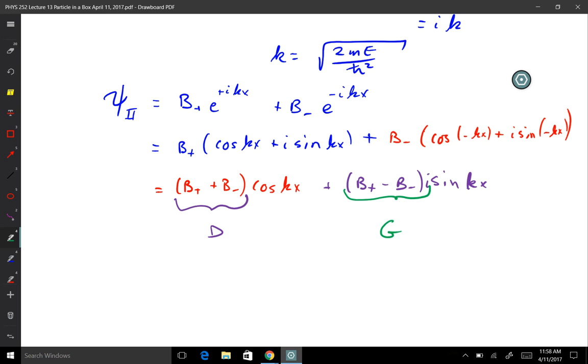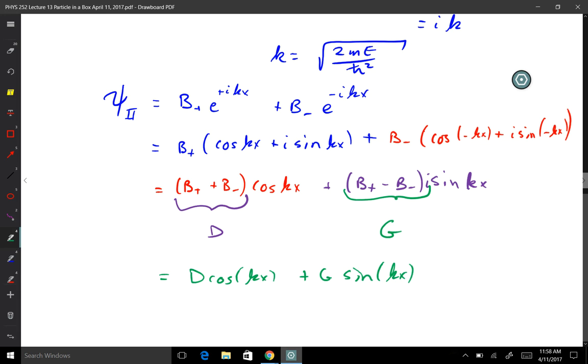It's included in my constant G. So this is just equal to D cosine of kx plus G sine of kx.